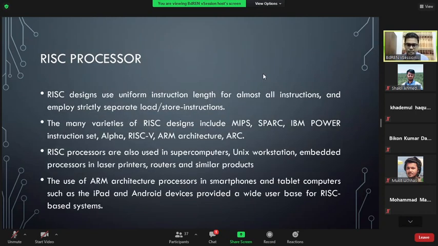Look at the example of the RISC processor. You might not know all of the names, but okay. ARM is a very common architecture. By using the ARM, your mobile processor is built. All right. There are some other examples as well.